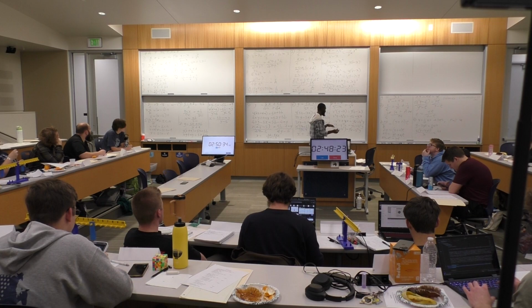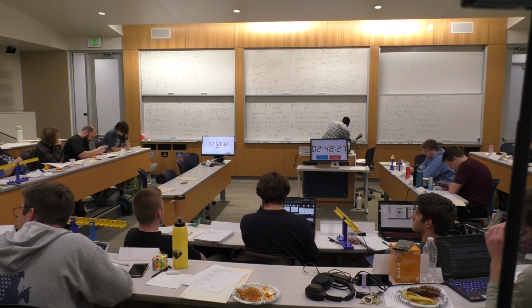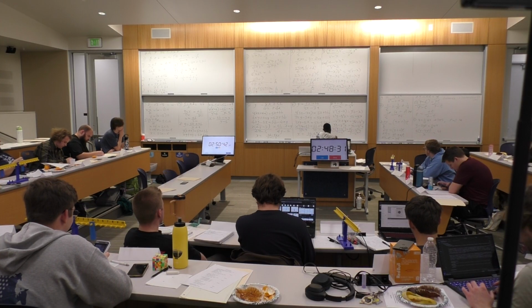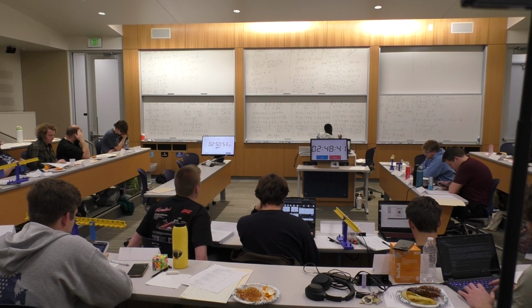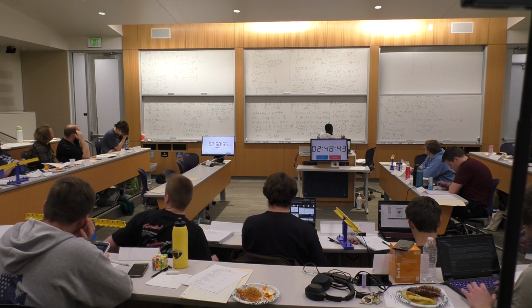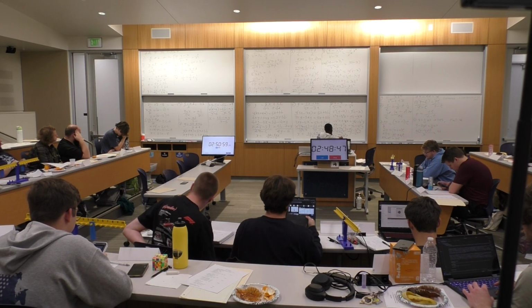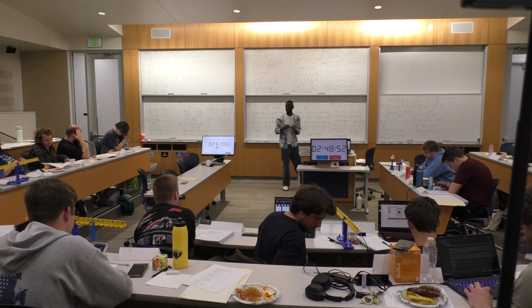You divide both sides by y minus v squared. Hence, x is equal to yv minus v squared y over y minus v squared. Is that correct?